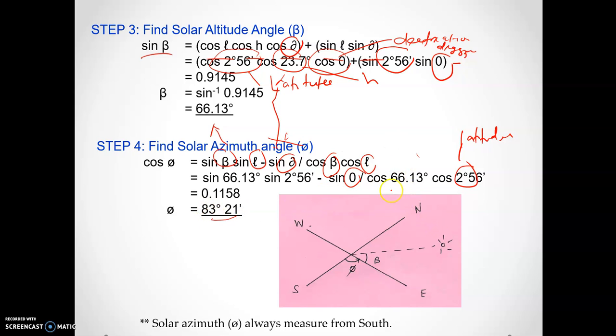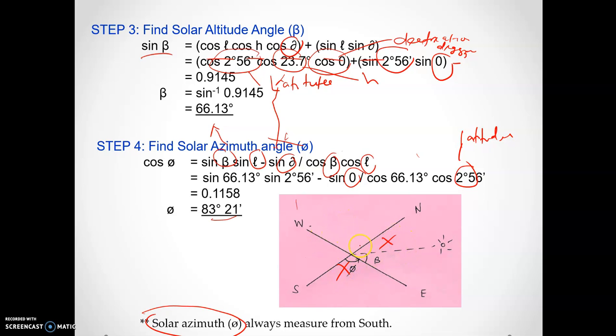So please remember that solar azimuth angle is always measured from south. So where is 83.21 degree here? You have to remember this is the location of north, and the time is 11:30 a.m., right? So it is either here or here.